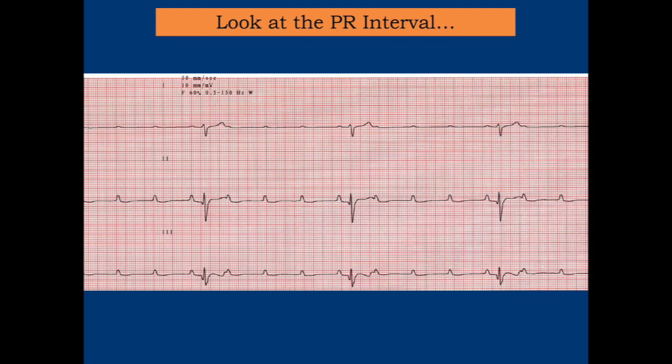Let's look at another strip. Notice that we have P waves that are just marching along. They have no regard for the QRS complex at all. It looks like it does, but if you take your fingers or take your eyes and look at the P waves, you notice that they're marching from left to right, out in order, and that they're not even talking to the ventricles whatsoever.